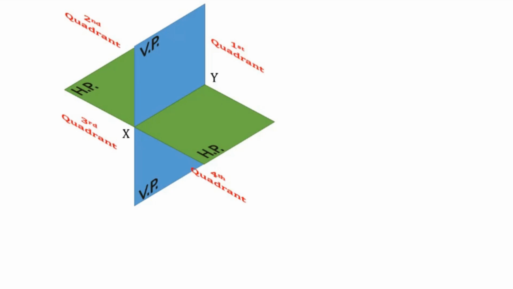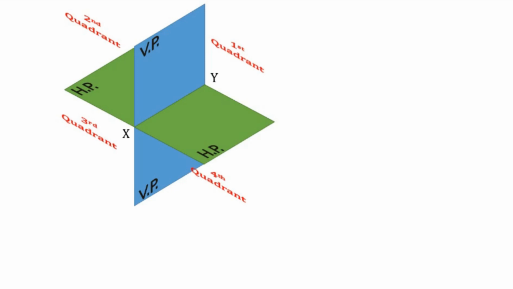And the second quadrant can be considered as the room just behind the front wall. Assume that there is a room, even if it is not there. So that particular space is the second quadrant. And the third quadrant is the space below the second quadrant room.